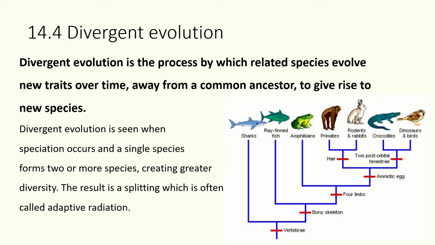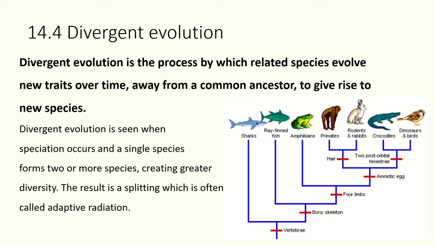It's when a single species forms two or more species from it, resulting in greater diversity in that lineage, that group of organisms. And often this is also known as adaptive radiation.